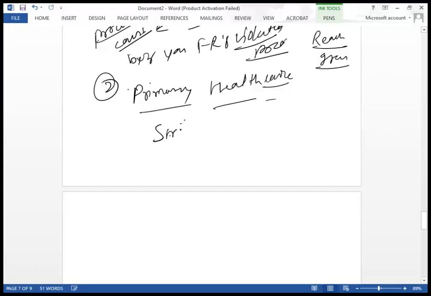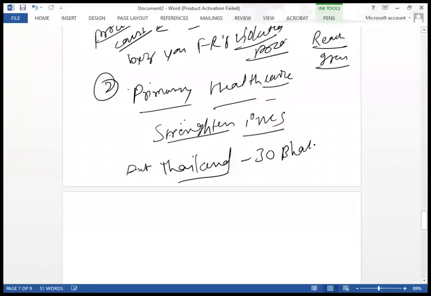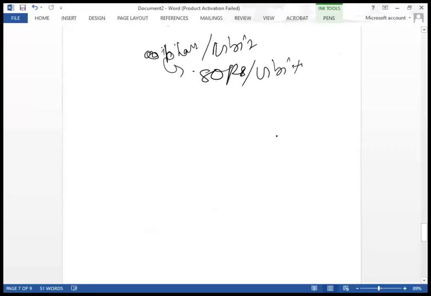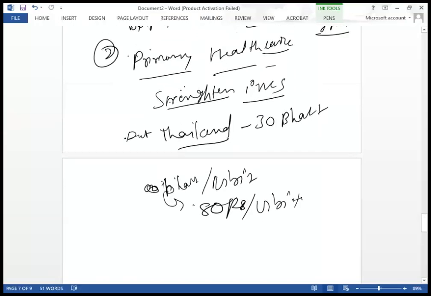We should strengthen the primary healthcare system. You can put an example of Thailand. There is the 30 baht scheme where you need to pay only 30 baht per visit. If you convert 30 Thai baht to Indian rupees, it's approximately 80 rupees per visit. That's cheap. So we can also amend some regulation or bring schemes like this.